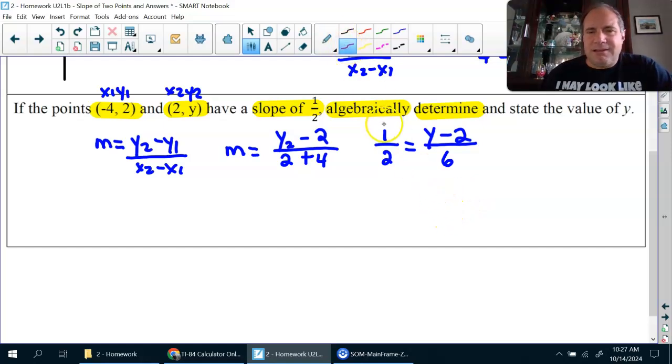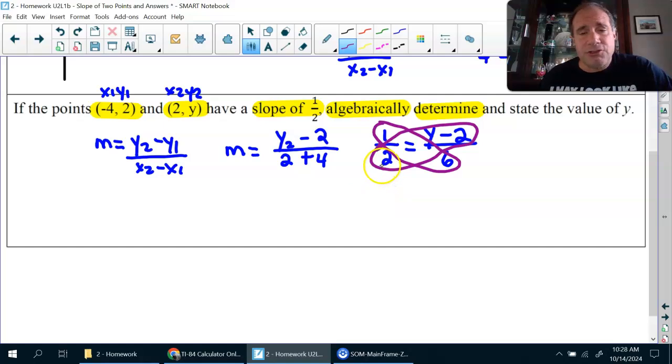Now, this is a proportion. So you could just go ahead and crisscross, cross multiply. And that's the reason why we were showing you cross multiplication. This is 2 times the entire expression y minus 2. So it's 2 times y minus 2 equals 6. 6 times 1 is 6.